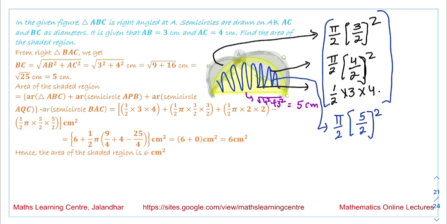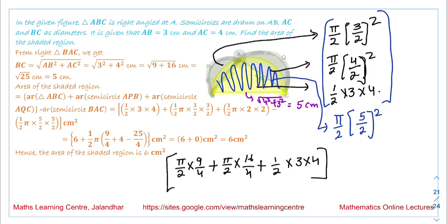So the answer we will obtain is, when we solve these values, pi by 2 into 9 by 4 plus pi by 2 into 16 by 4 plus 1 by 2 into 3 into 4. This is the total area we have, and we are subtracting from it pi by 2 into 25 by 4.